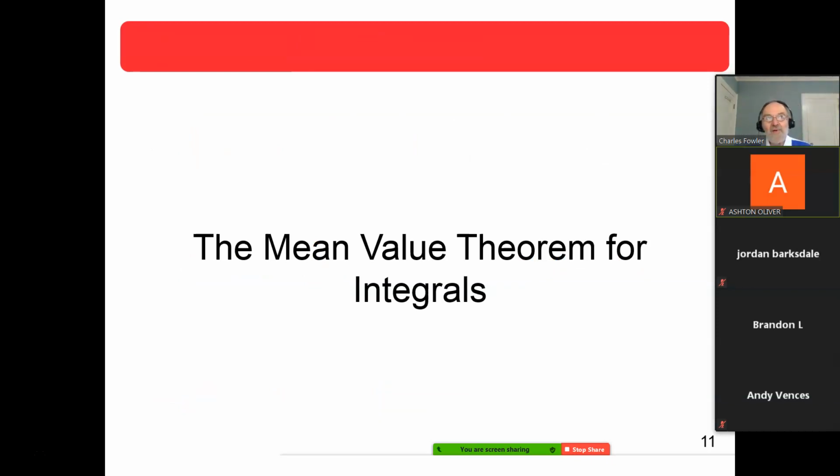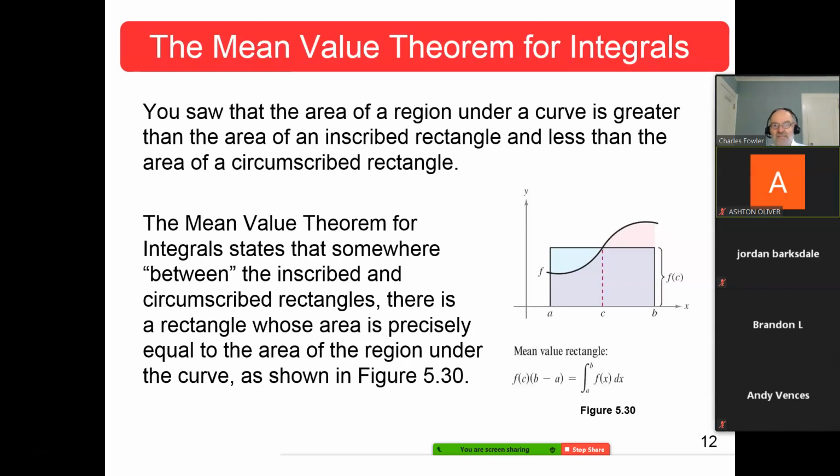I think we had a mean value theorem when we dealt with derivatives. Now we have one for integrals as well. How does this go? You saw that the area under a curve is greater than the area of the inscribed rectangle, but less than the area of the circumscribed rectangle.